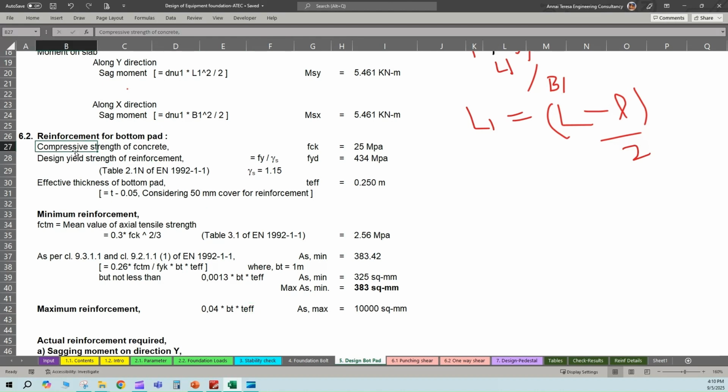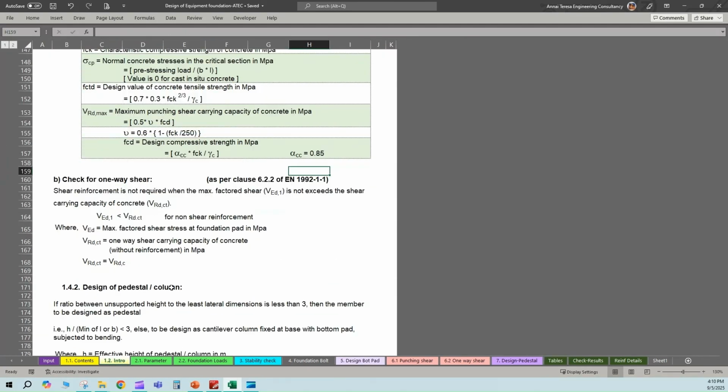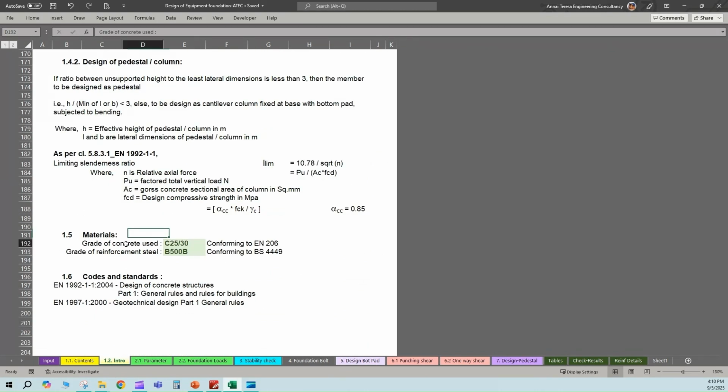First is the compressive strength of concrete, that is, the characteristic strength, which we are going to consider as per our second stage video, where we have considered the grade of concrete as C25/30.